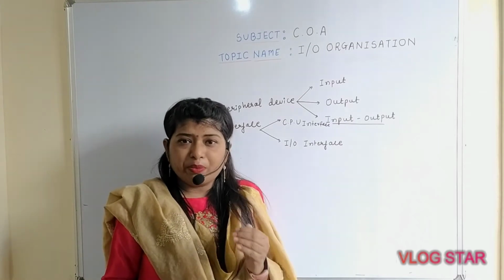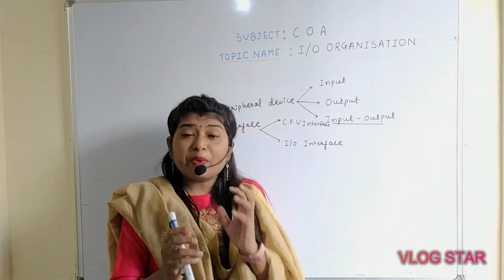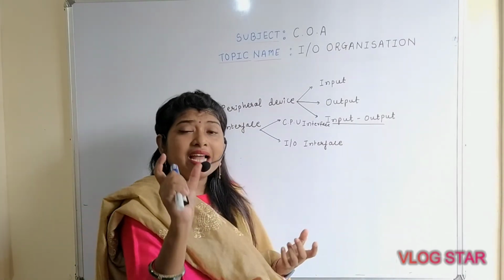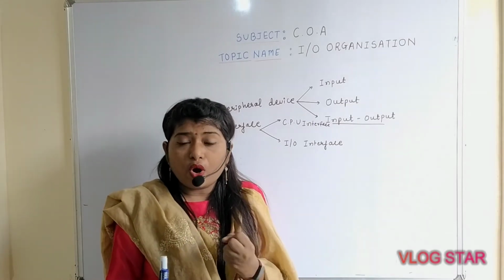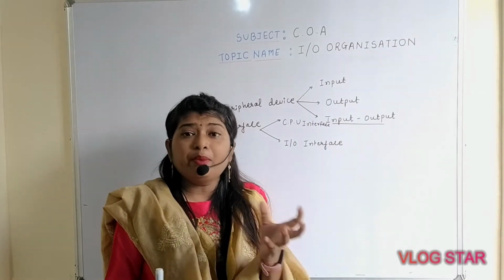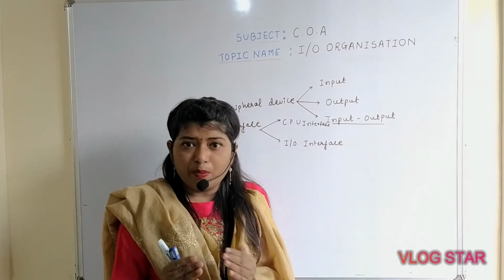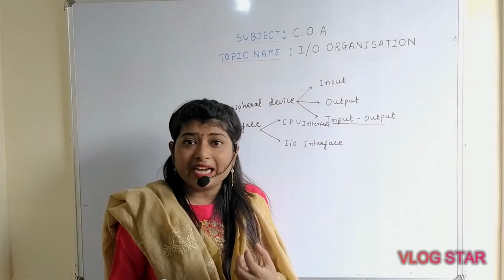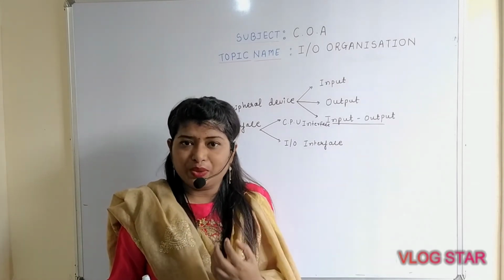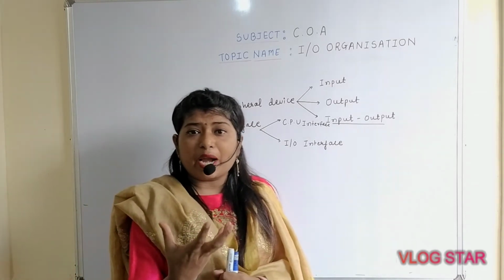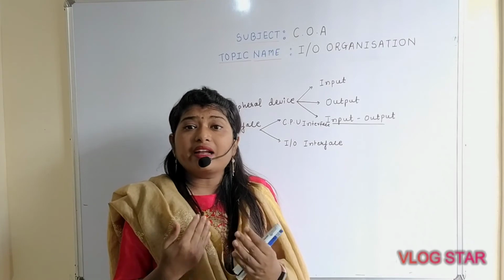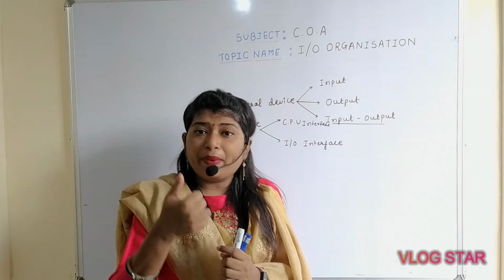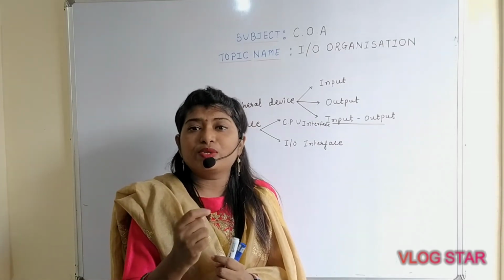In a computer system there are special hardware components to control, or manage, the input output transfer. Those components are known as input output unit, or input output interface unit. What is the importance of that hardware component? They are the links connected between two different components: one is the peripheral device and the other one is the processor bus.